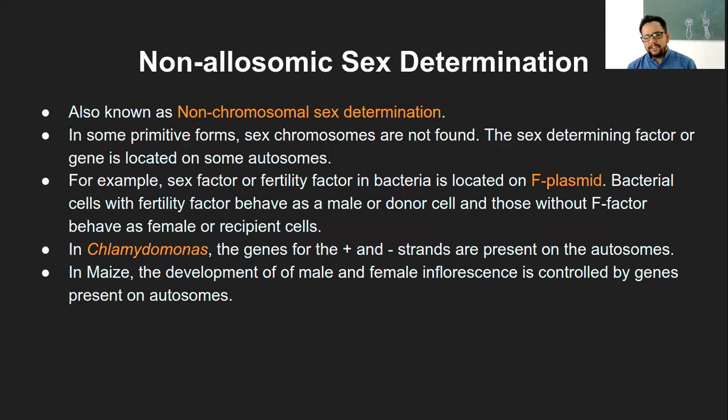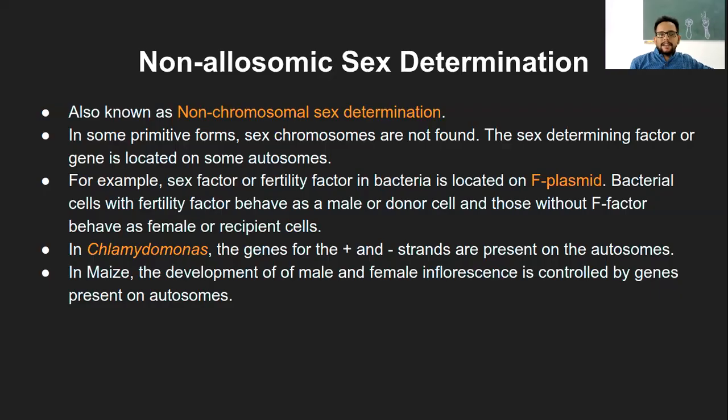But during the duplication stage, usually the plasmid gets merged with the genetic material. So there is this very interesting phenomenon called multi-drug resistance that is occurring because of the F plasmid, because usually it is the genetic material which gets transmitted to the daughter cell.